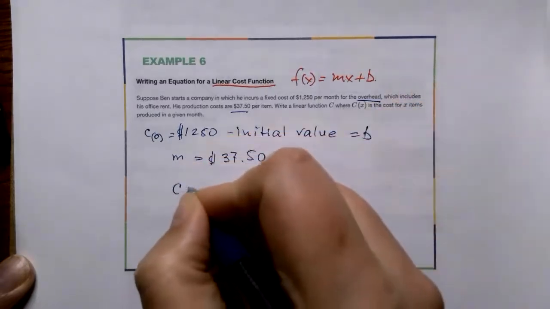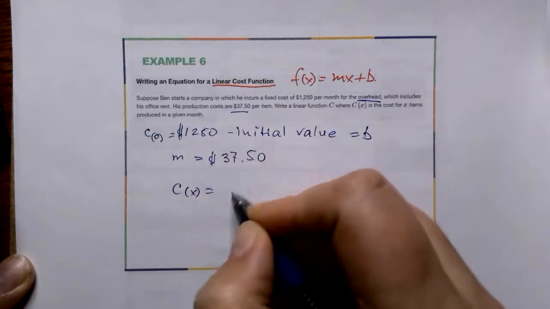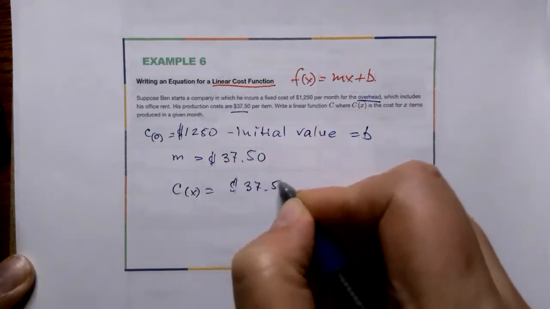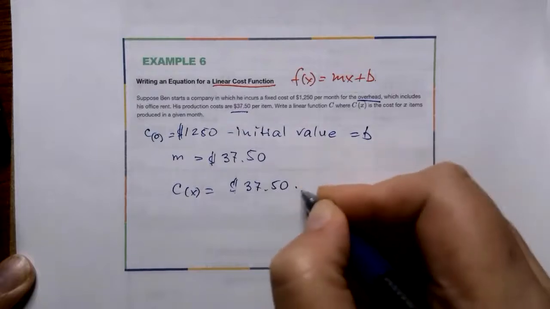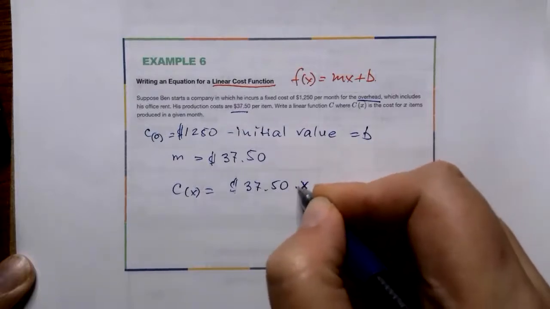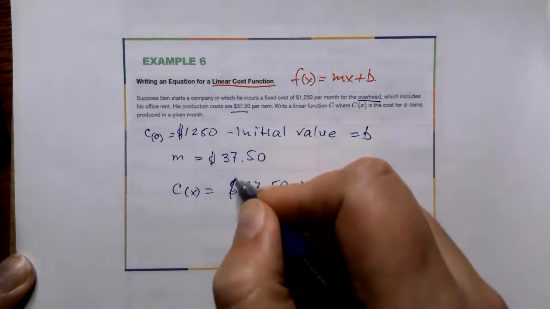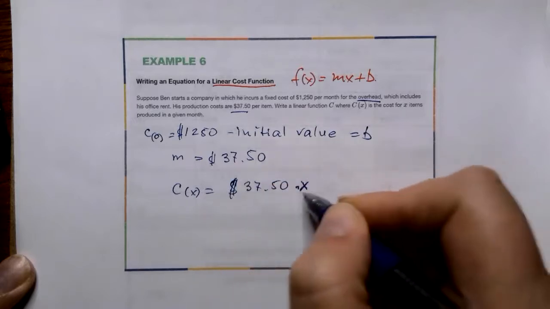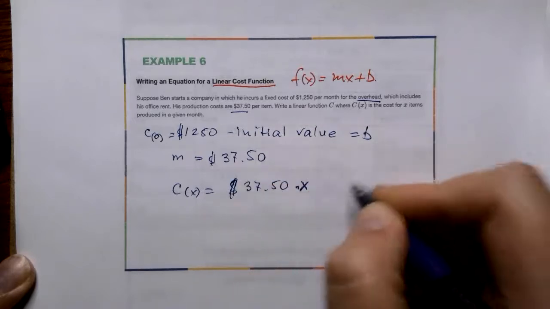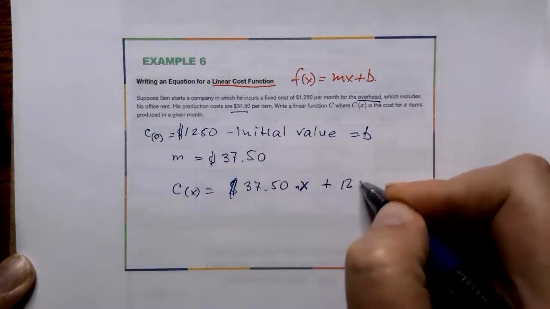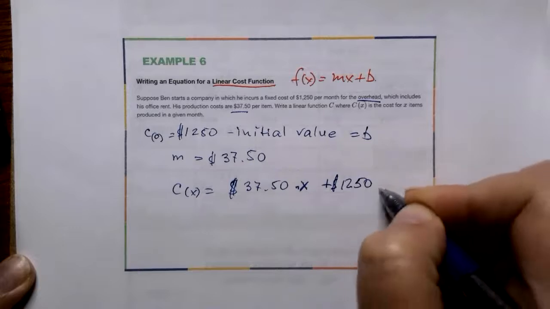So the total cost is going to be your m, which is 37.50, times your x, how many items you're producing, multiplying that cost per item times the number of items, right? Plus your overhead cost, 1,250.